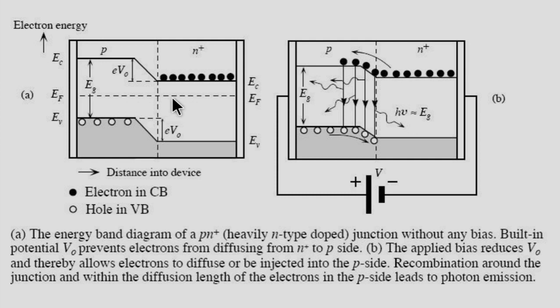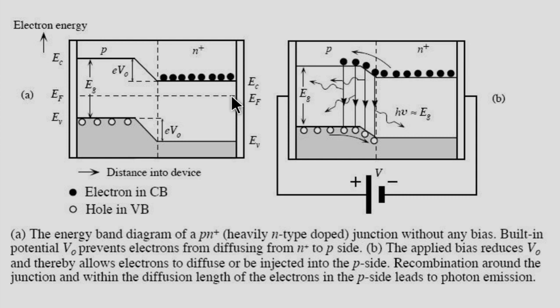If a P type material is used, the Fermi level lies just above the valence band. If we use an N type material, the Fermi level lies just below the conduction band. What is the Fermi level? It is the highest energy level that an electron can occupy at absolute zero temperature.